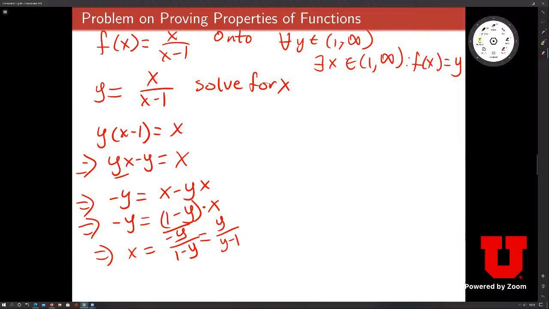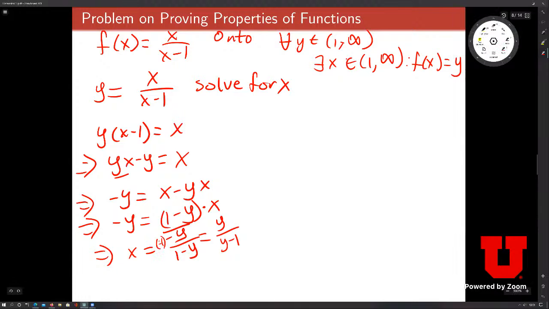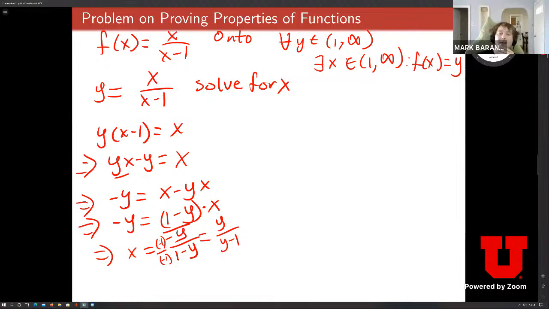Would that make the x negative if you have to multiply everything by negative? Very last step, I multiplied the top and bottom by minus 1. So this becomes plus 1. This is plus 1, and this is then minus 1.